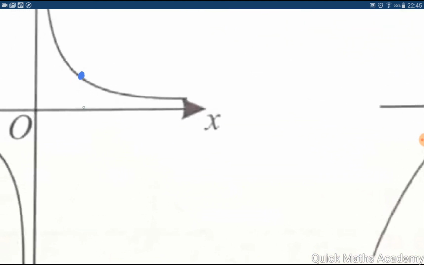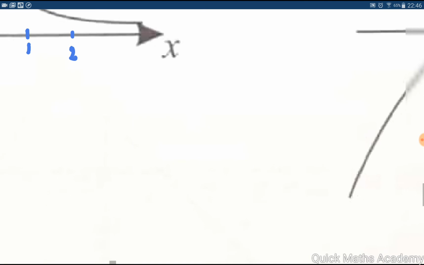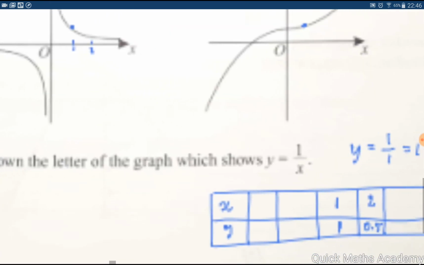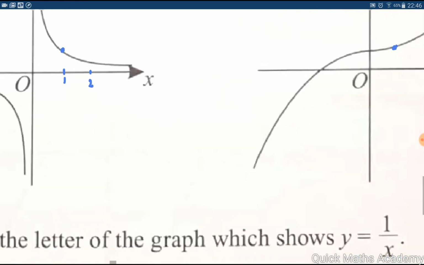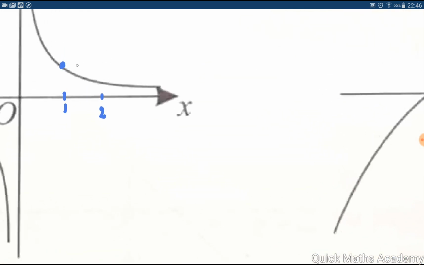So if this is 1, this is 2. In the table, what I have is if my x increases, my y decreases. Look, my x is increasing and my y is decreasing. Option A makes perfect sense.